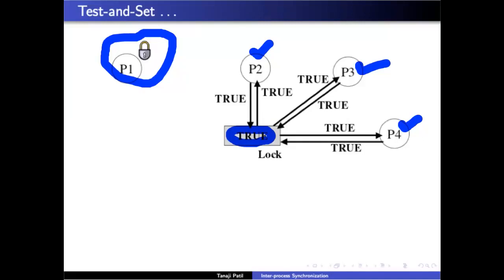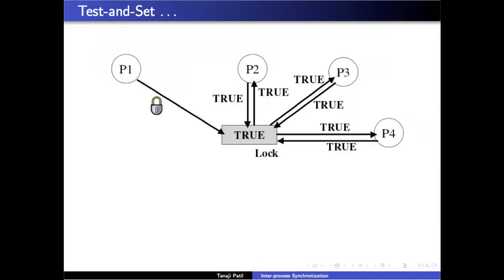And because it is true, process P2 will come to know that somebody else is using it. The same happens with P3 and P4. So this definitely ensures the mutual exclusion. Only P1 is in the critical section now.